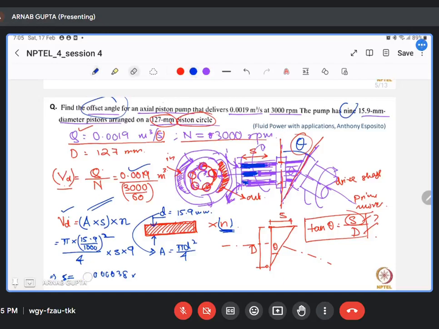So this multiplied by 4, divided by 9, divided by 15.9 by 1000, divided by 5.